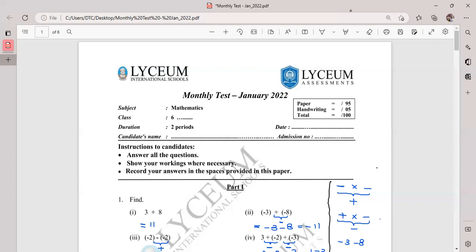Keep that in your mind. After another 2 months' time, there will be a big exam for you, the semester exam, right? After you came to the middle school, this is the first semester exam you will be having. Therefore, after completing this January monthly test paper, don't take a rest.